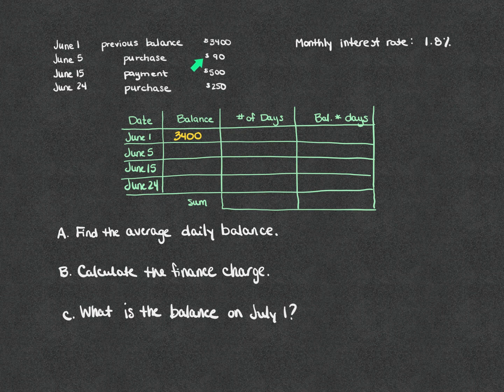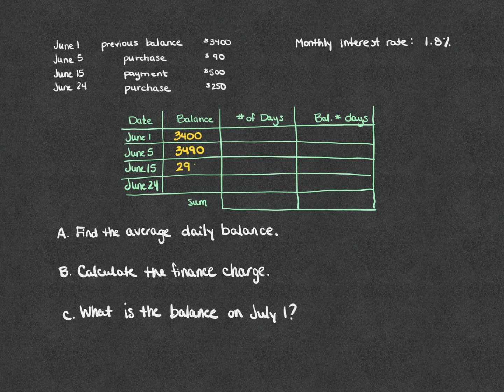On June 5th, there was a $90 purchase that was made, which means that your balance, the amount you owe the credit card company, increased by $90. So on June 5th, the total due is $3,490. On June 15th, a payment was made. So this decreases the amount you owe the credit card company because you gave them $500.